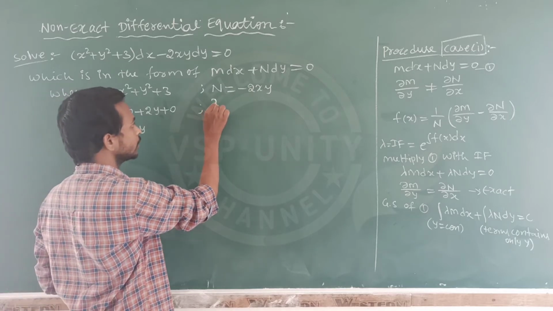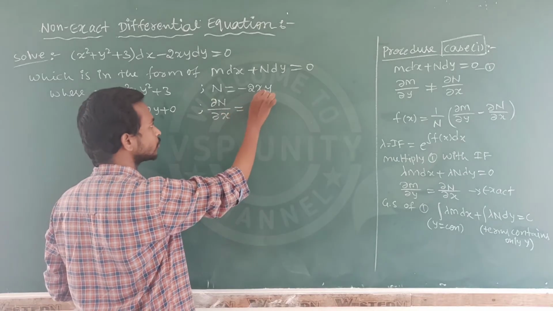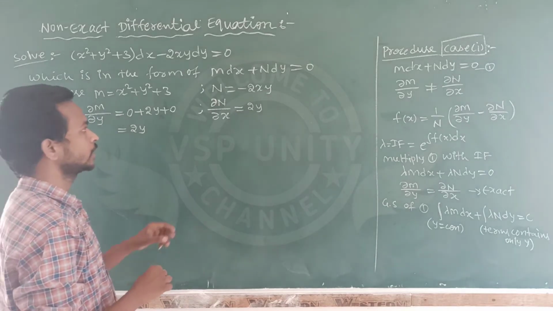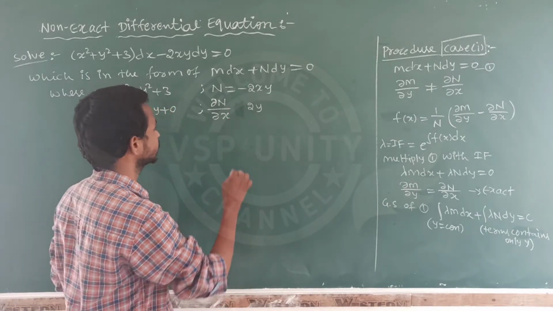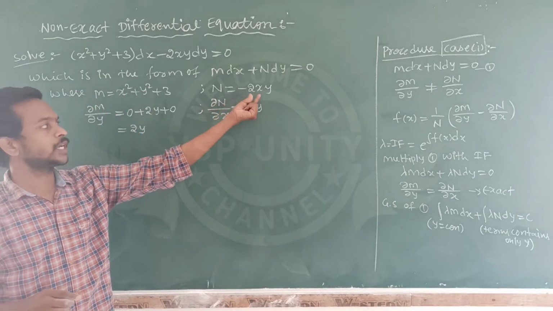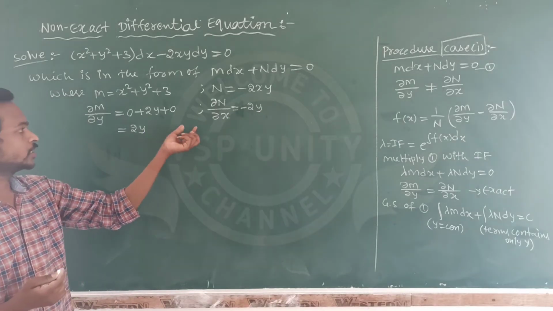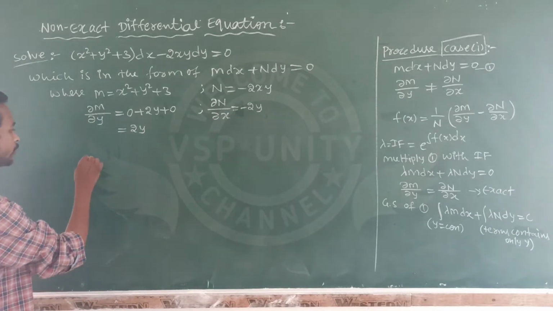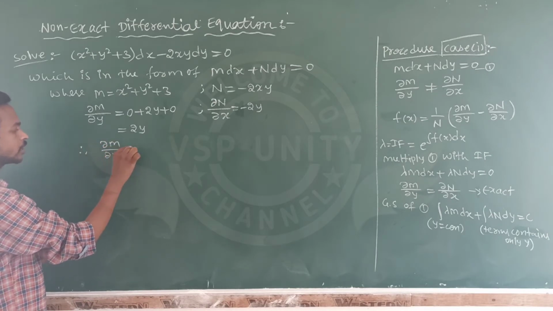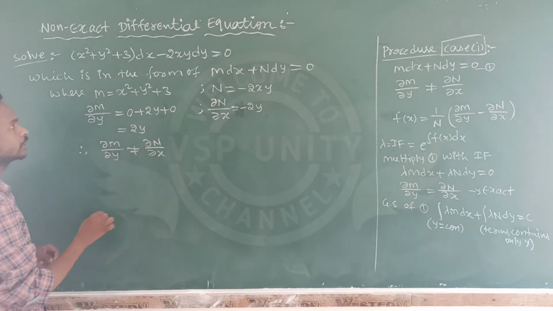If you find here ∂N/∂x, with respect to x means y should be constant. Here it is minus 2y, forgot the minus. Okay, 2y is a constant, and the differentiation of x is 1, so ∂M/∂y is 2y, ∂N/∂x is minus 2y, therefore ∂M/∂y does not equal ∂N/∂x.